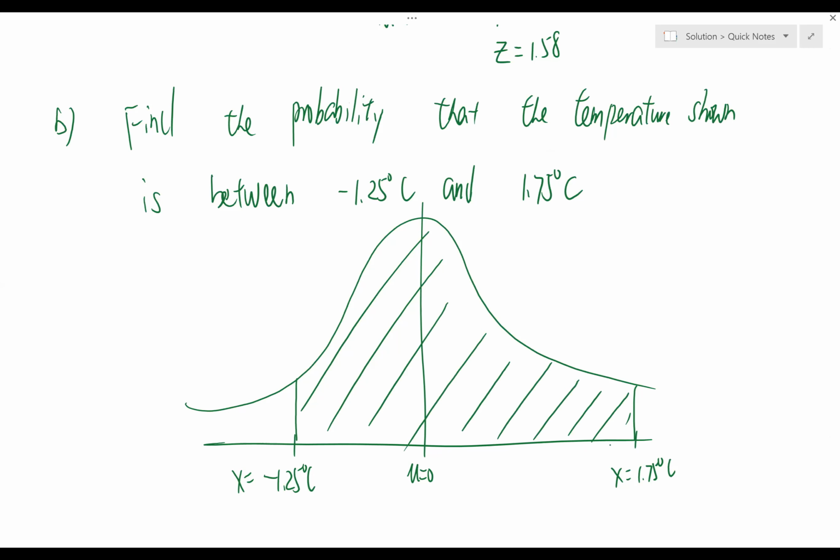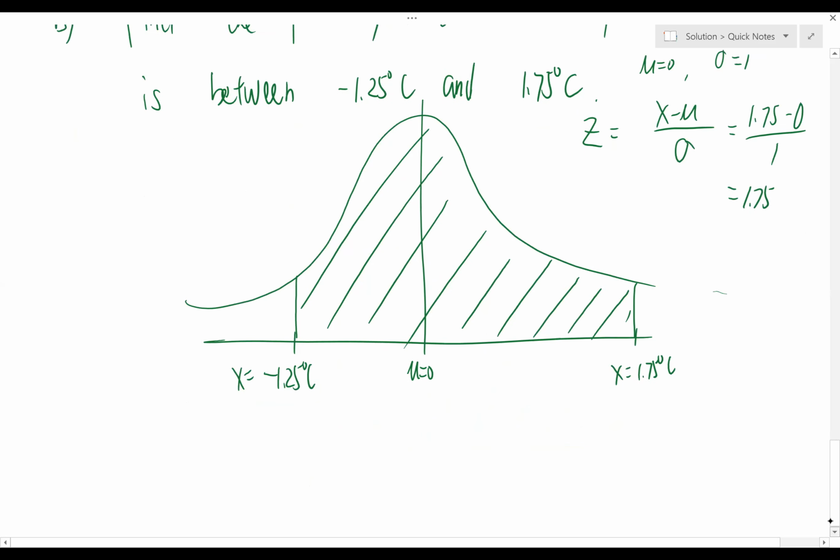So first of all, you want to find the z-score associated with the higher temperature, 1.75. If you apply the formula one more time, the z-score will be the same as the temperature itself, because mu equals 0 and sigma equals 1. So x minus mu over sigma is the same as the temperature itself: 1.75 minus 0 over 1 turned out to be 1.75.